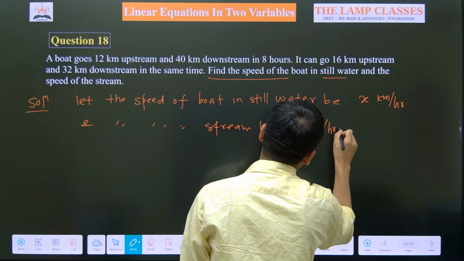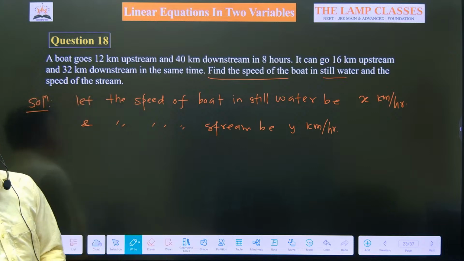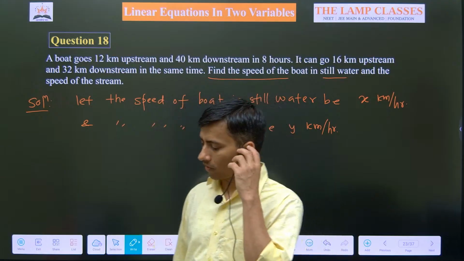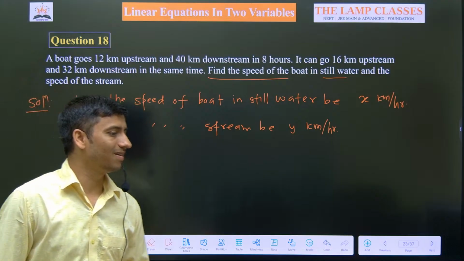And we know that the relative speed, if we are moving along the stream, it will be more, because along with you even water will help you to move forward. But if you are moving against the stream, your net speed will be less, right?